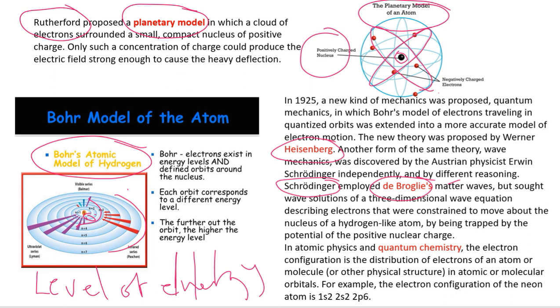Then the electrons, as the light, have a dual behavior as photons or as wave.